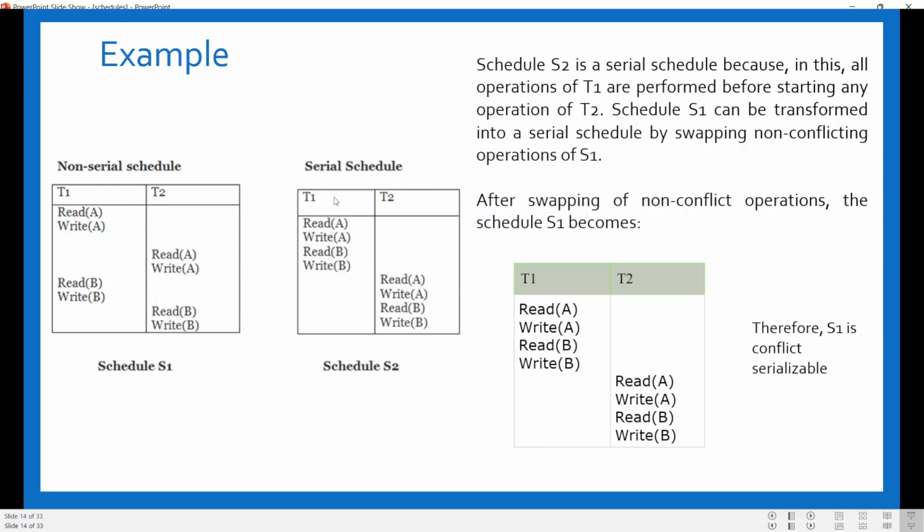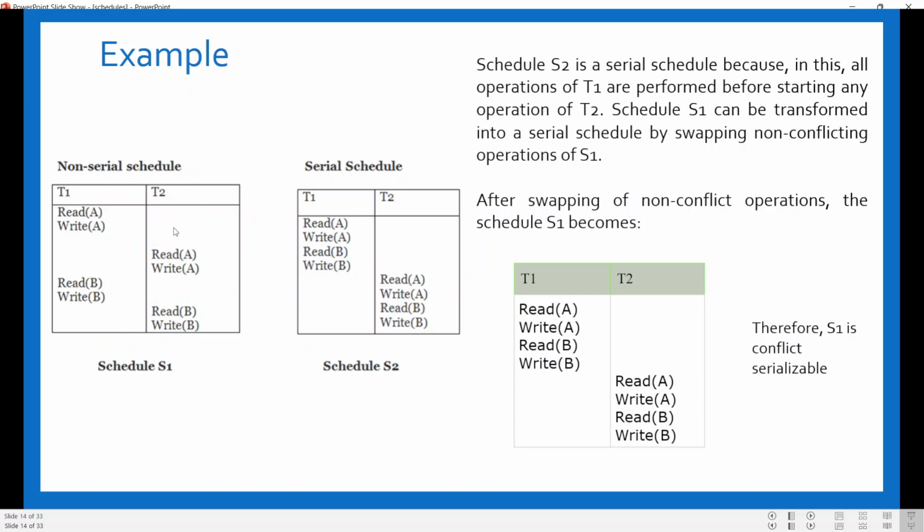Here, once the operations of T1 are over, only then is T2 executed. So we can easily say that schedule S1 is a non-serial schedule and schedule S2 is a serial schedule. Now we can convert this non-serial schedule to a serial schedule.